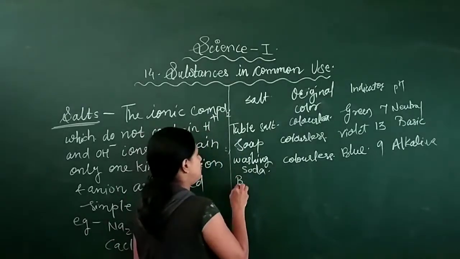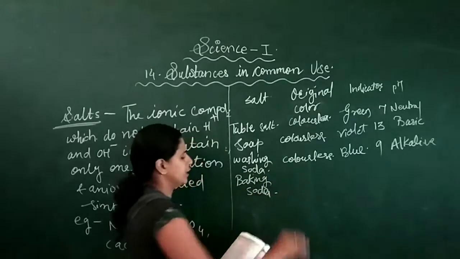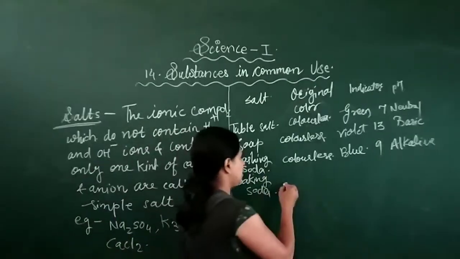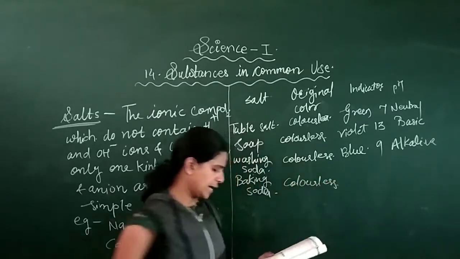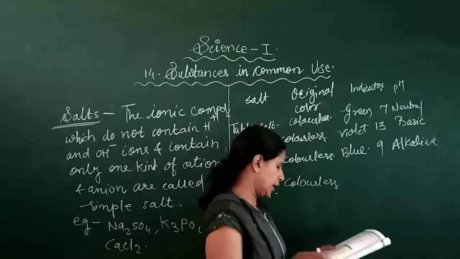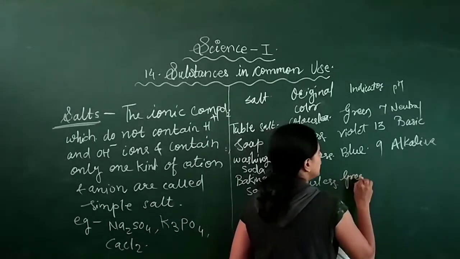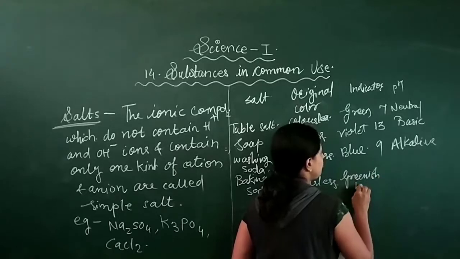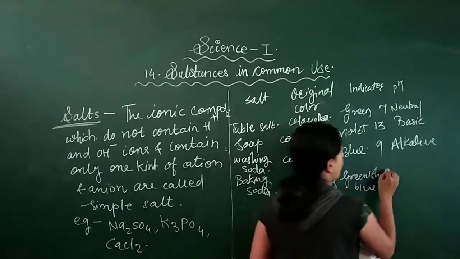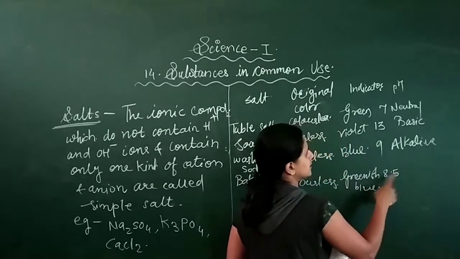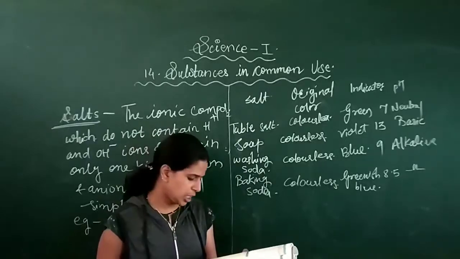Then the next is baking soda, which we use for eating purposes. This baking soda is also colorless. When we add the indicator, it becomes greenish blue. Write down greenish blue. The pH value is 8.5. You know that it is more than 7, and for that reason it is again alkaline in nature.